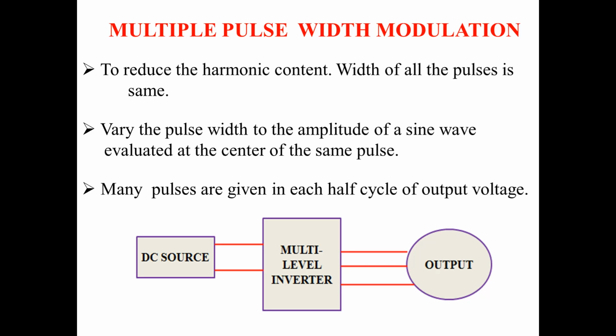The width of the pulses will be the same, so by varying this, the sine wave can be evaluated at the center of the same pulse. Many pulses are given in each half cycle of the output voltage. It is an extension of single pulse width modulation, and equidistant pulses per half cycle can be used.